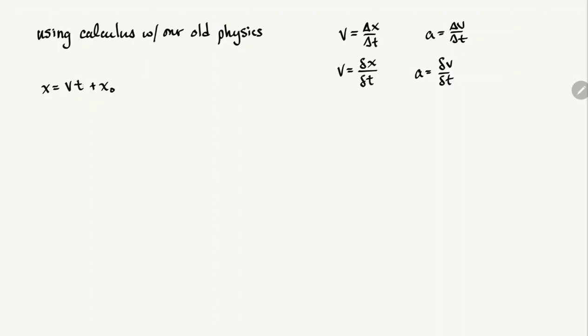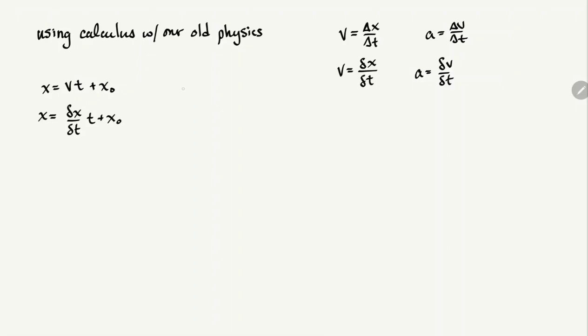That's for constant velocity, but your velocity might actually be changing on its own. So this could be rewritten as dx dt times t plus x sub naught.